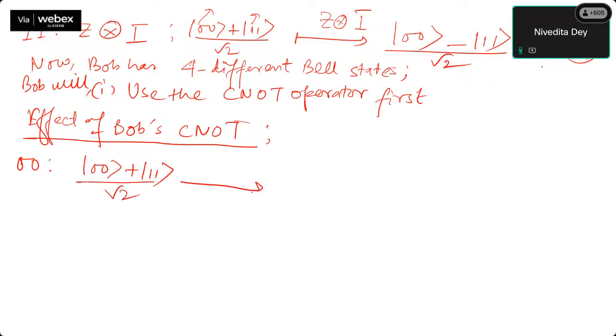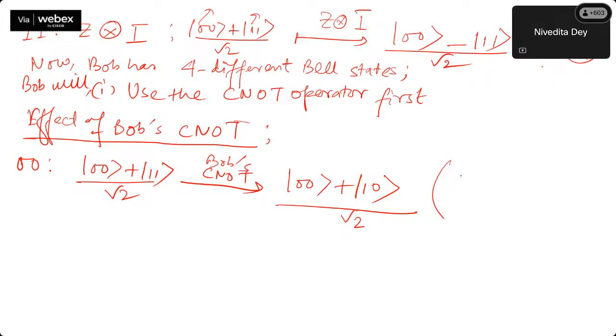Bob on that will apply Bob's CNOT and it will become (00 plus 10) by root 2. Remember here we applied CNOT on Bob's part of the qubit.